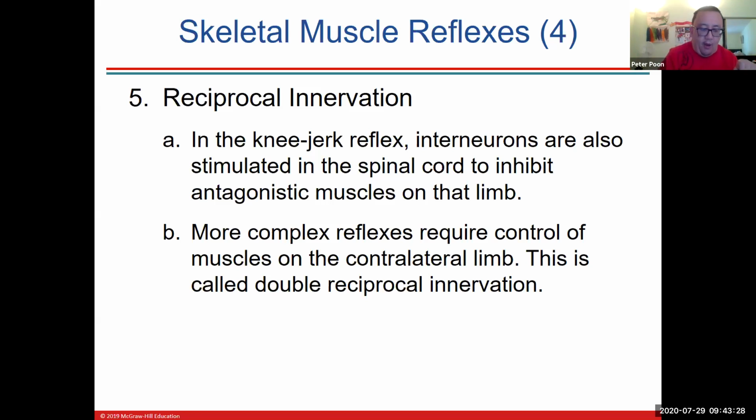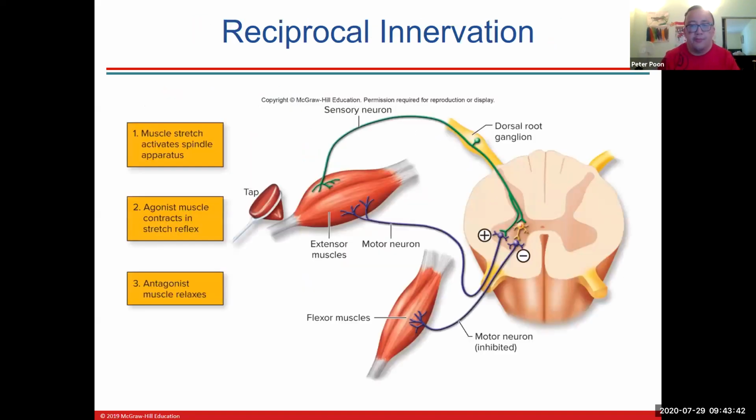So that foot you lift up, the other foot you plant down harder to withstand the weight change. So you need reciprocal innervation. In this leg, you contract this and relax that, to make it go down.